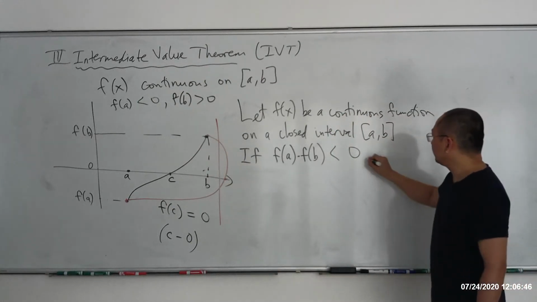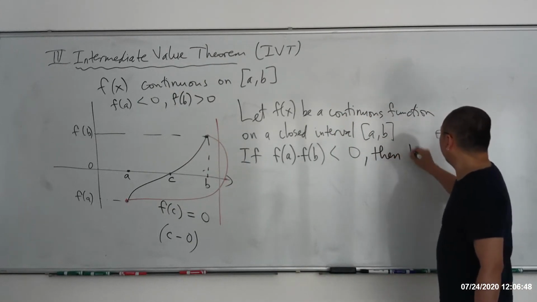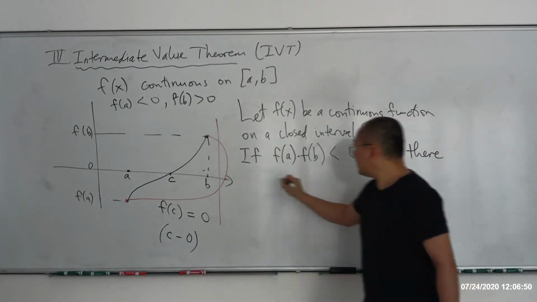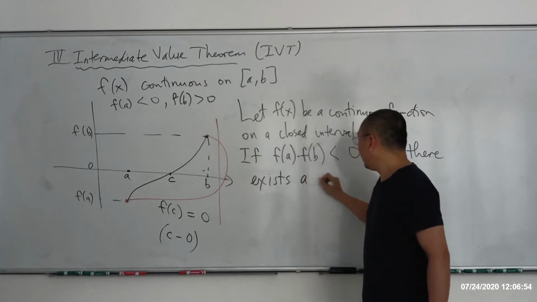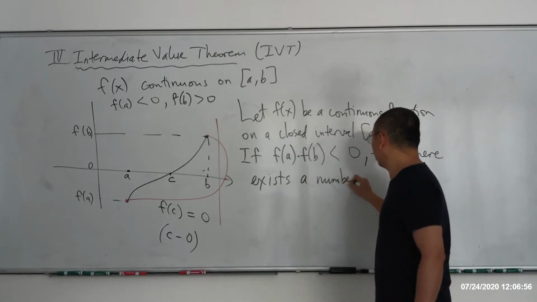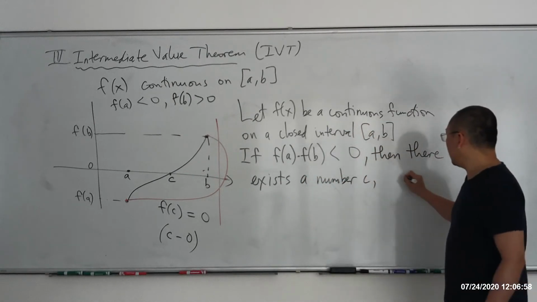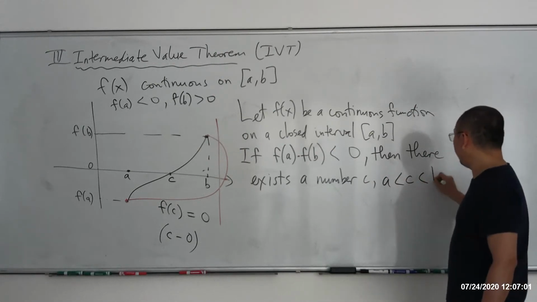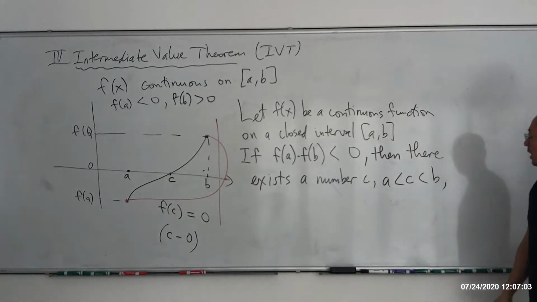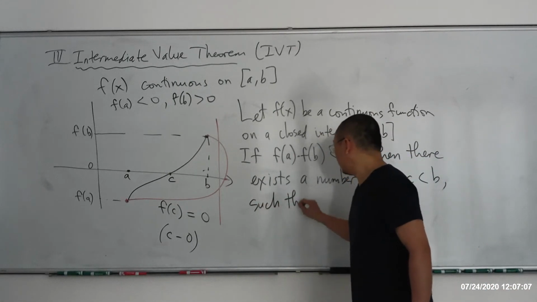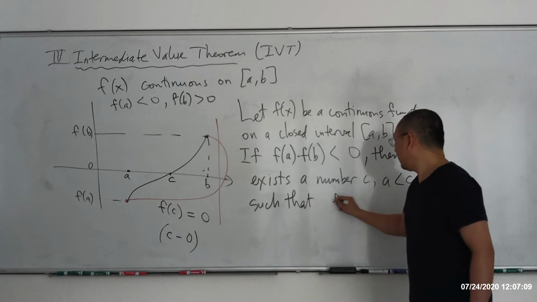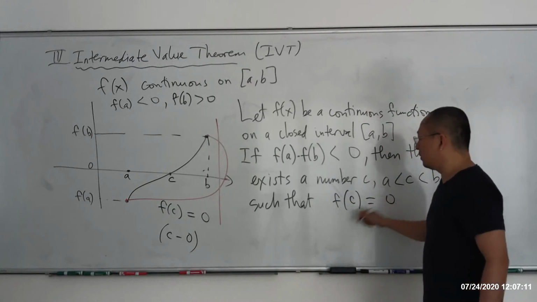If that happens, then there exists a number c. And more than that, that c is going to be somewhere between a and b, such that f of c is equal to 0.